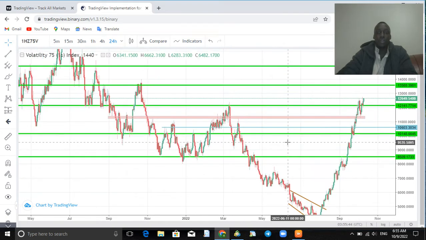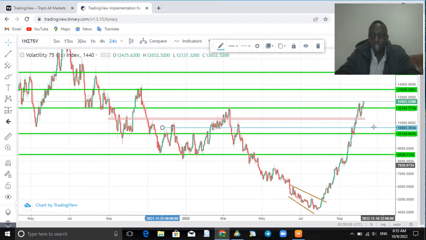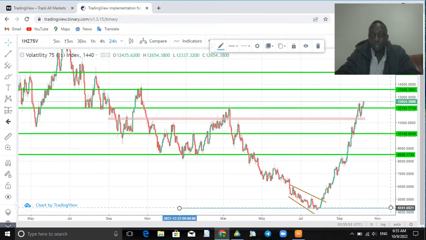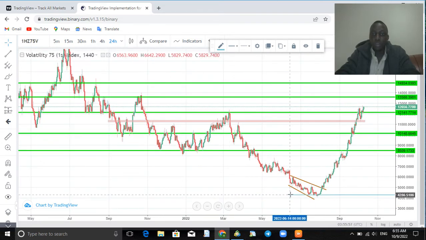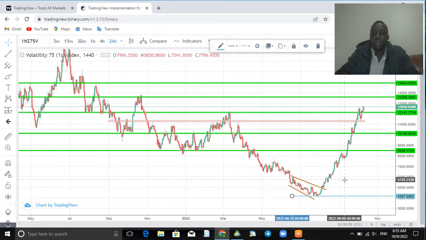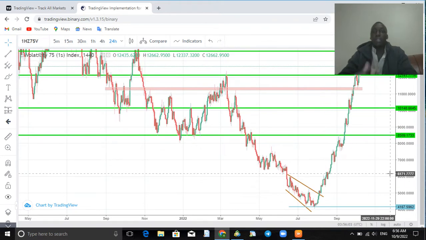But as you know, the market keeps on changing. It reached a point where we experienced this falling wedge. Remember, a falling wedge is one of the reversal patterns which tend to change the direction of the market, and you find the market which has been in a downtrend has changed, going back to an uptrend.